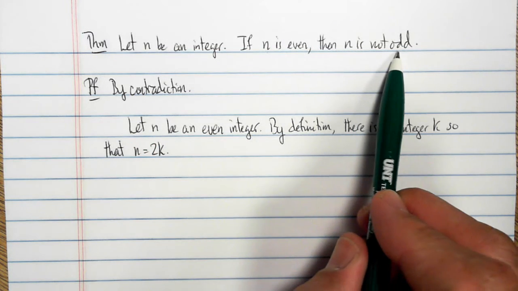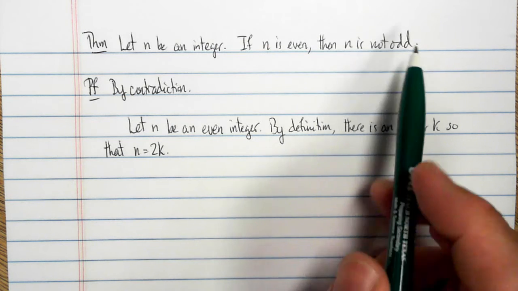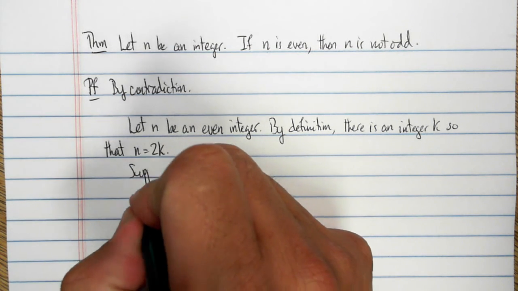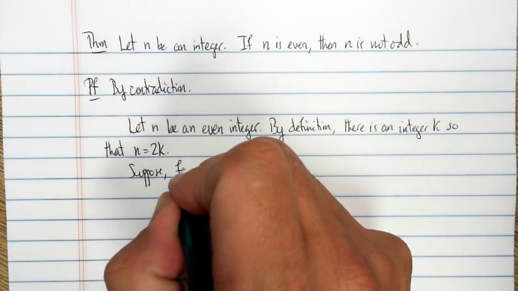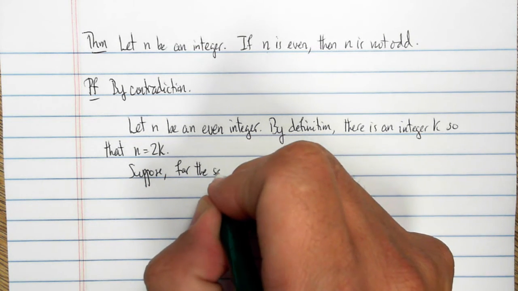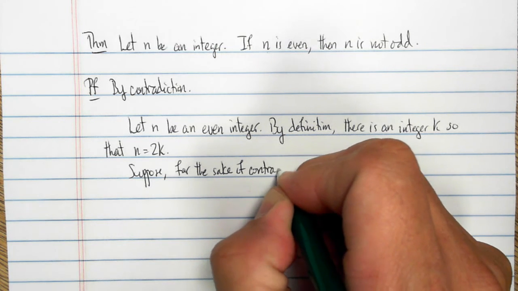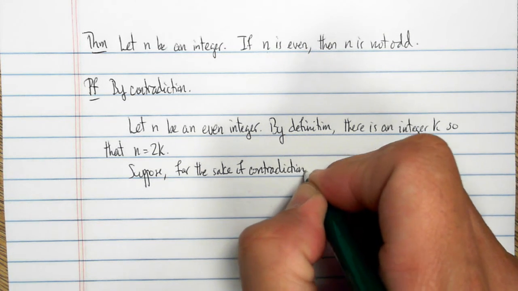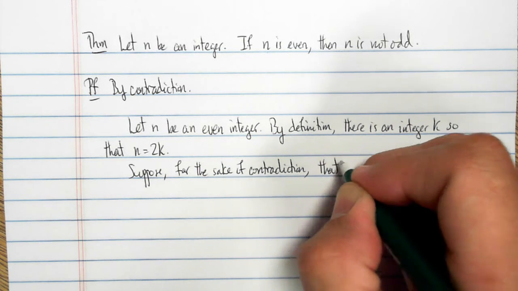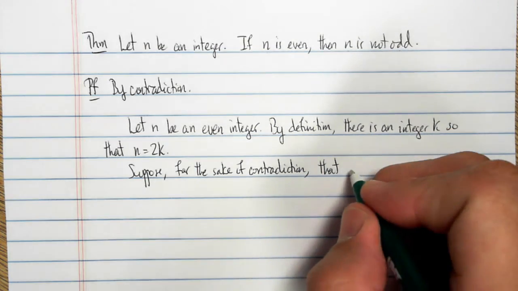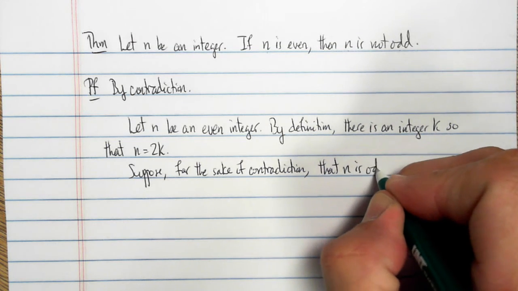We now assume, for the sake of contradiction, the negation of the conclusion. So suppose, for argument's sake, the negation of the conclusion. Well, the negation of n being not odd is that n is odd.